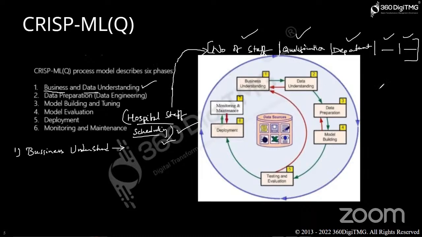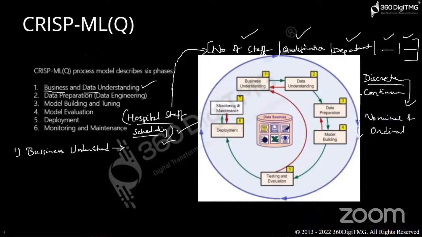Now this data, as we know, can be either categorical, or we call it discrete, or continuous data. Discrete data can again be divided into two more types: nominal and ordinal.